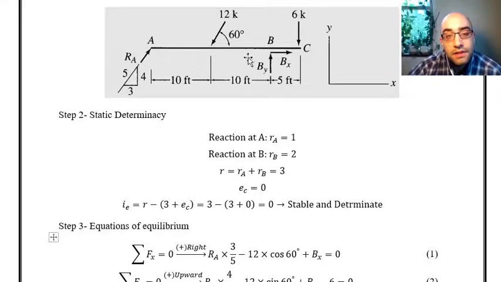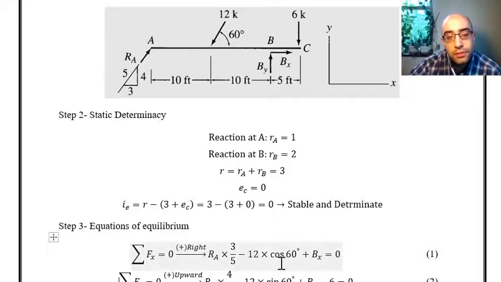Then I have this 12 kip force, which is in this direction, and as you can see, the horizontal component will be to the left, which means the negative direction. So I have to say minus 12 multiplied by cosine of the angle, because if I multiply it by the cosine, I can find the x component. If I multiply it by the sine, I can find the y or vertical component.